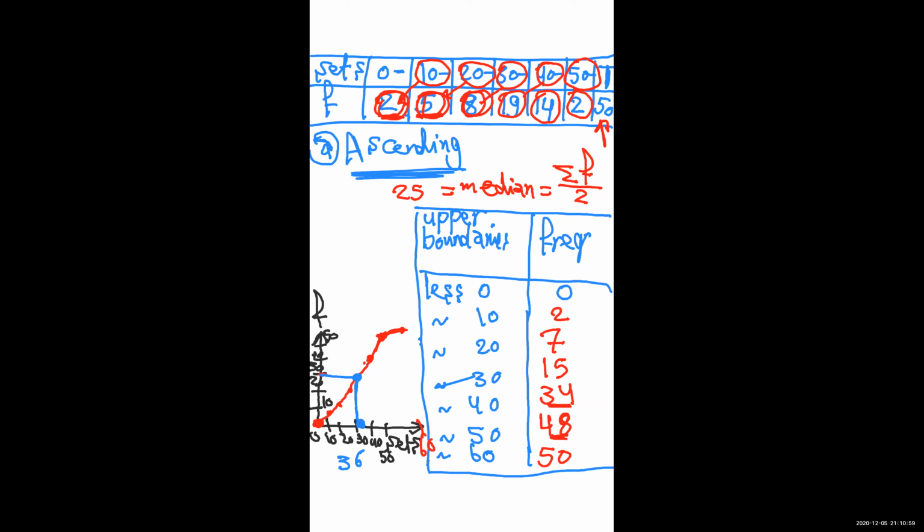So the value of the median will equal 36. Of course, guys, the summation of frequency over 2 is the order of the median, not the median itself. This is the order, so its order is 25.